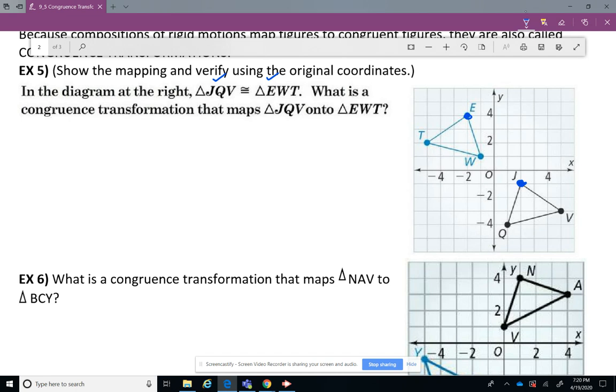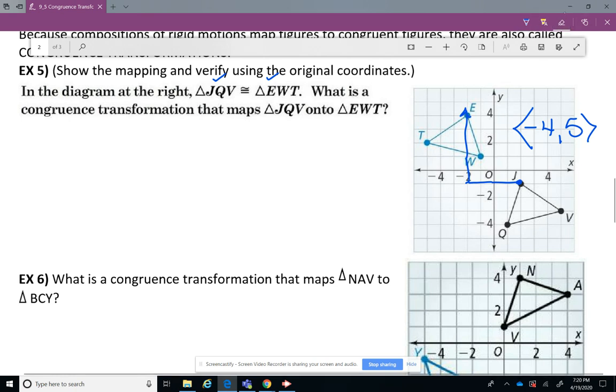I'm going to go up 2, 4, 5, and I'm going to go to the left 4. Or, to make sure you put it in the right order, you could say you're going to go left 2, 4, and up 2, 4, 5. So that would be left 4 and up 5. That would make sense.